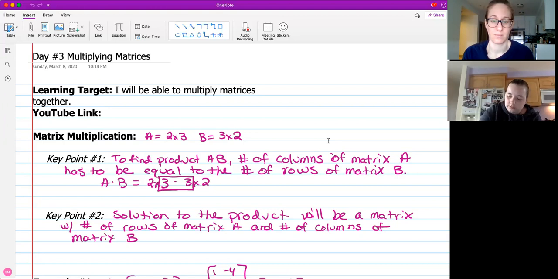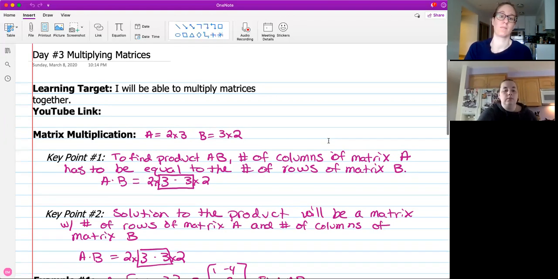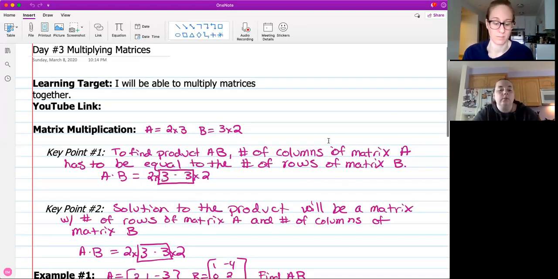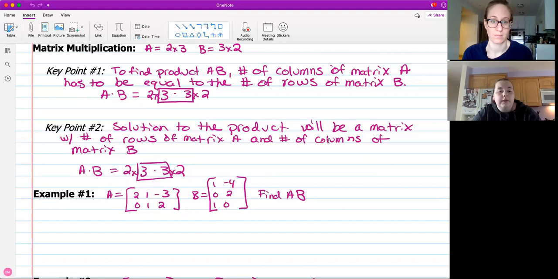Going back to our A times B, we have a 2 by 3 multiplied by a 3 by 2, and we drew our little box, and we know that the columns of matrix A are equal to the rows of matrix B. So now to find the solution matrix, we look at these 2 outside pieces: the rows of matrix A and the columns of matrix B are how big your solution matrix will be.